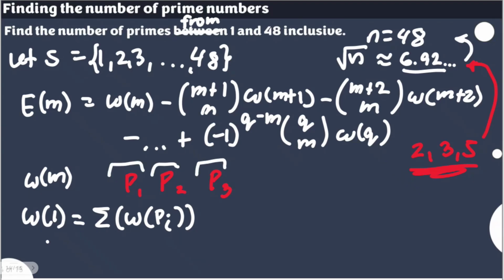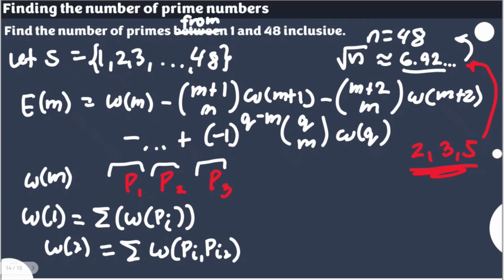As for our omega of 2, it would be the pairs, so you will have the summation of all omegas of P sub i1 and P sub i2, meaning the pairs of relationships, and of course omega of 3 as well for the 3 groups. So we need to identify first our P sub 1, P sub 2, P sub 3, and then we're going to attack it differently, as we're going to solve for E of 0 the other way around.